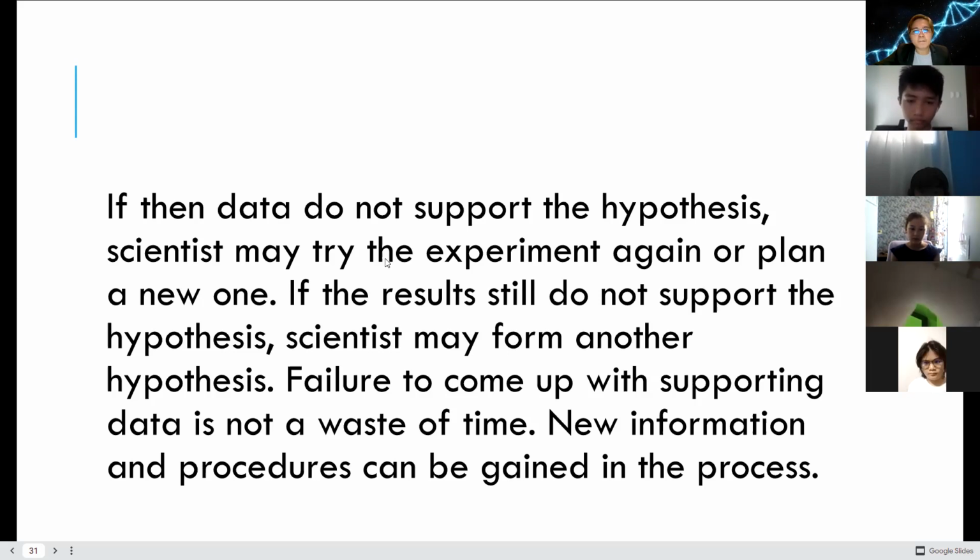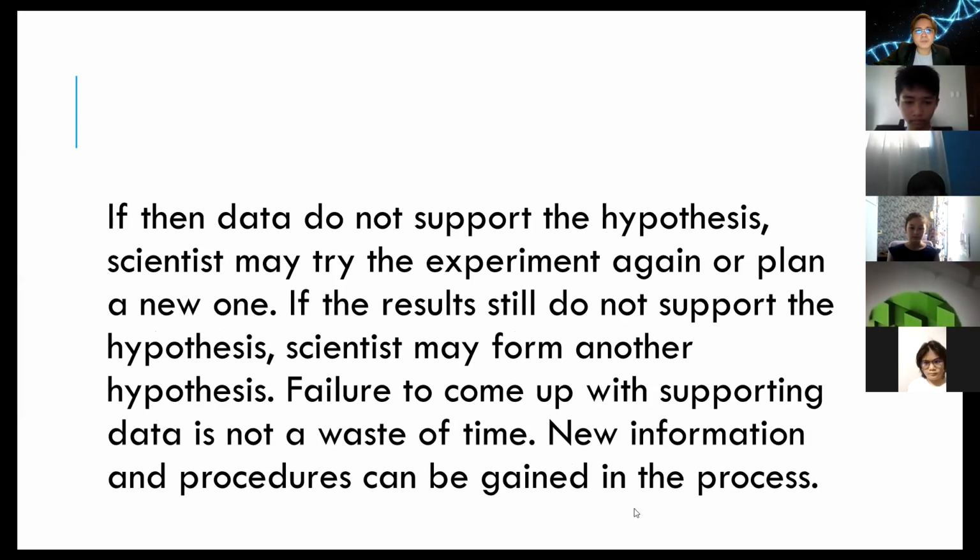But the learning is there. They learned something out of their experiment. We have done a lot of experiments, including experiments that enabled them to discover something quite intriguing.